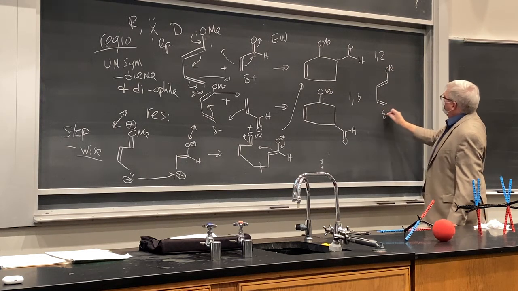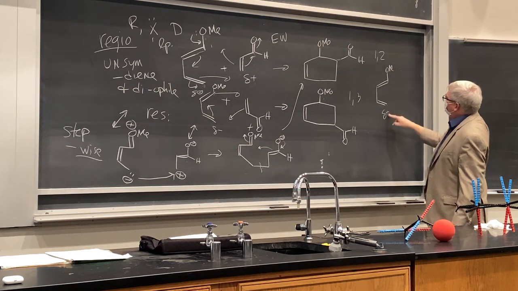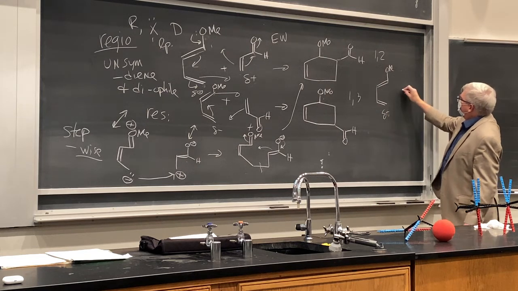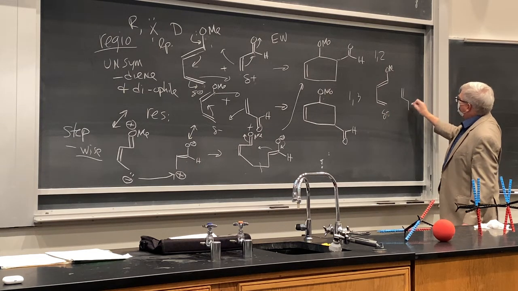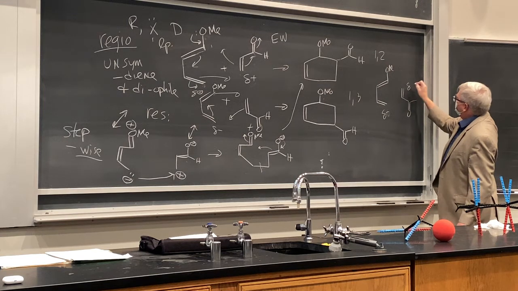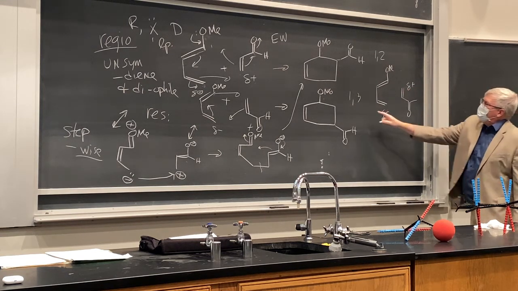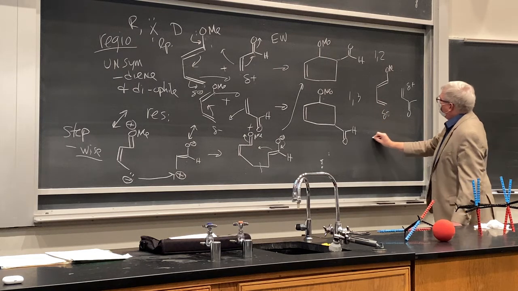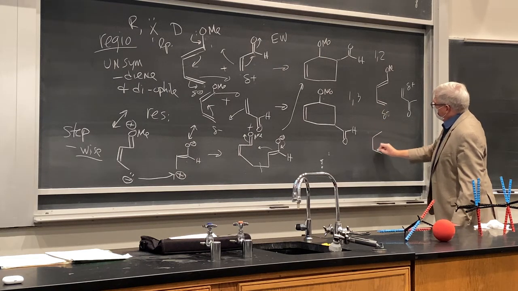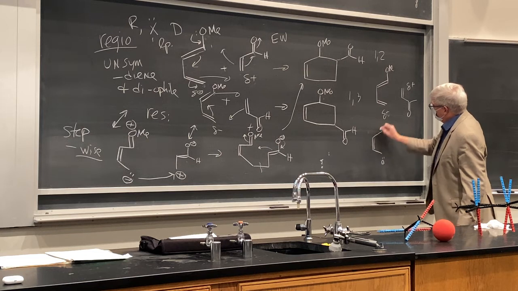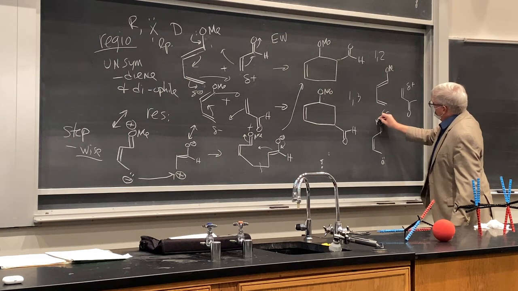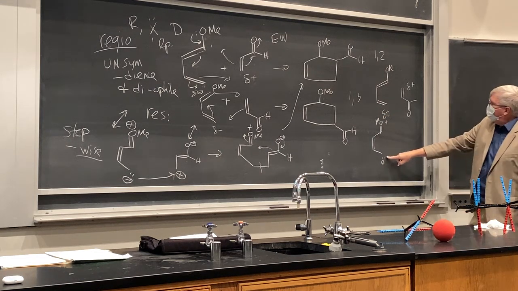Well, if we have 1,3, you see this is our partial negative end of it here. And this is our partial positive end right here. You can't really see it yet leading to 1,3, but let's draw the resonance structures. That's what it would be right there, negative.